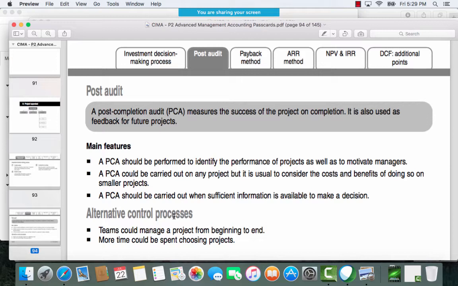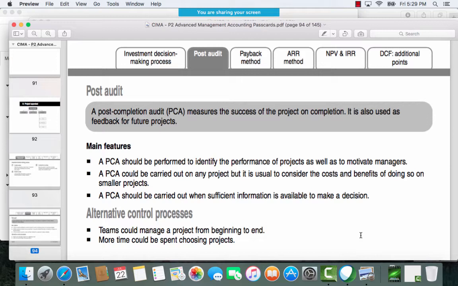Right? There's no point. So again, post-completion audit is a very, very important thing to ensure that we've got our benefits realization sorted, right?